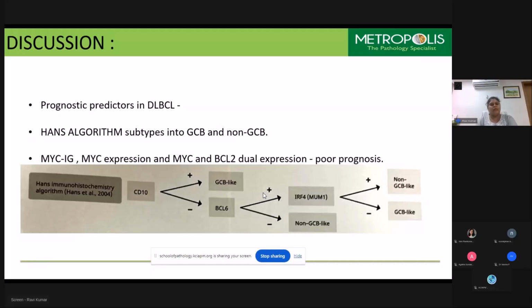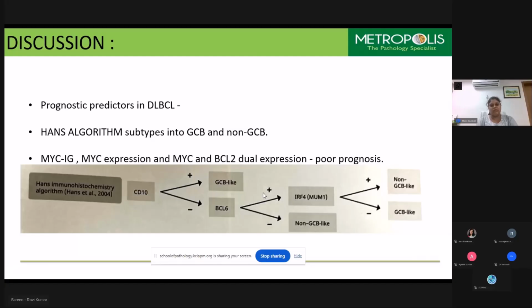What are the prognostic predictors in DLBCL? As you know, the Hans algorithm uses CD10, BCL6, and MUM1 to subtype the DLBCLs into germinal center B cell type and the non-GCB or the ABC type, the activated B cell type. Why we need to subtype them is because the non-GCB tumors have a poor prognosis.